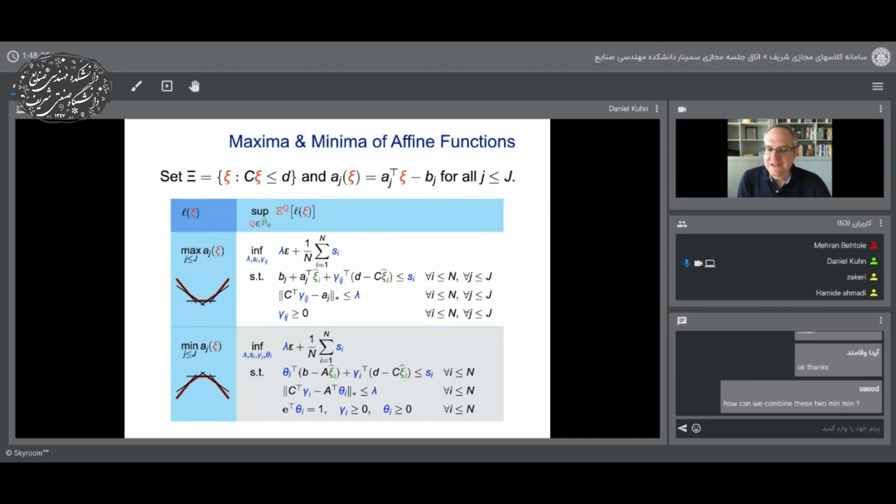And I should point out that these are very simple problems. All the constraints are linear, except the one that involves the dual norm of the original norm. And even that one can be reformulated in terms of linear constraints if we use as a transportation cost the one norm or the infinity norm, which are polyhedral norms.